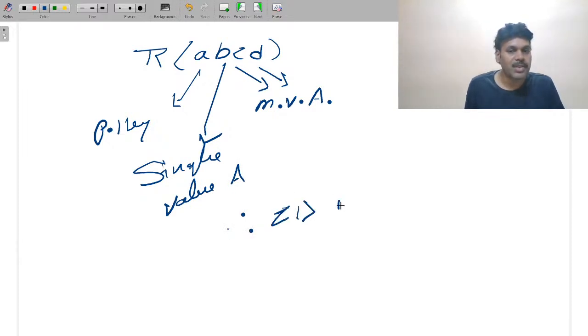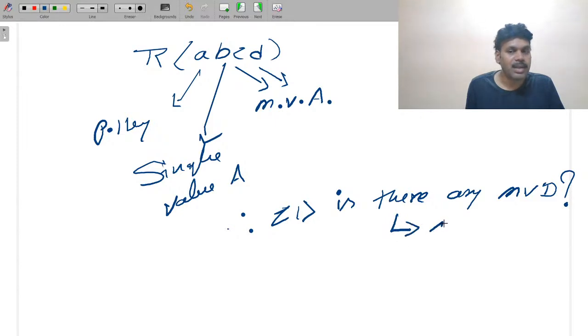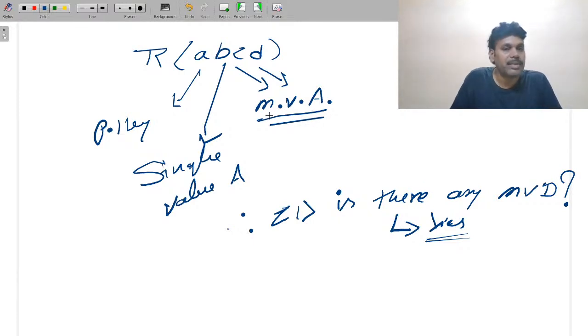If I ask whether there is any MVD, then we confirm yes, because you have a minimum of two multi-value attributes to confirm that there is a multi-value dependency.